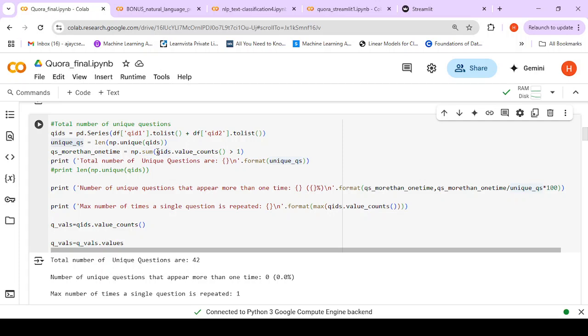I check whether any question is appearing more than once, and how many such questions there are. So I know how many questions appear more than once, which are not unique.